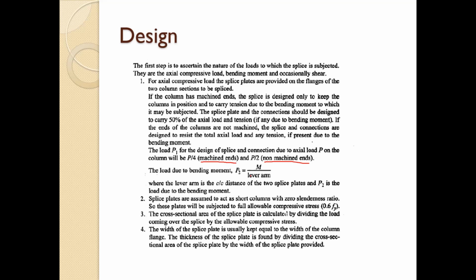So we can provide full allowable compressive stress, that is 0.6 Fy. The cross-sectional area of the splice is calculated by dividing the load coming over the splice by the allowable compressive stress. The width of the splice plate is usually kept equal to the width of the column flange, and the thickness of the splice plate is found by dividing the required cross-sectional area by the width of splice plate provided.